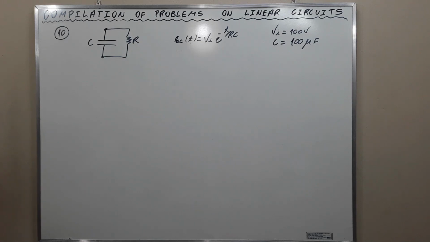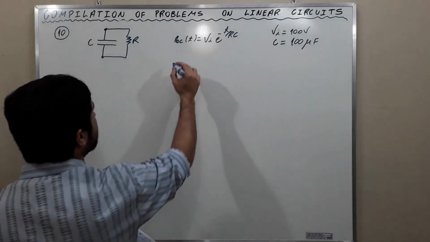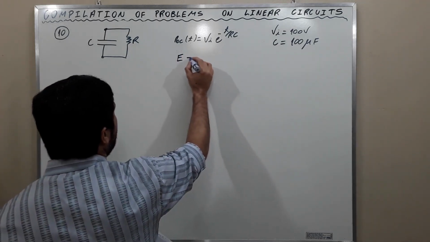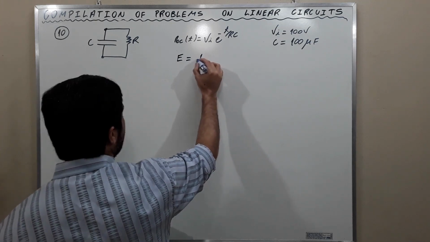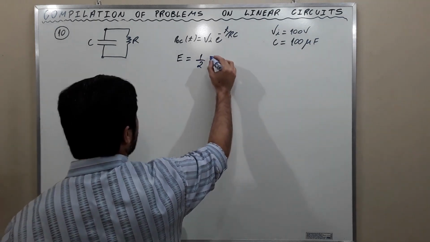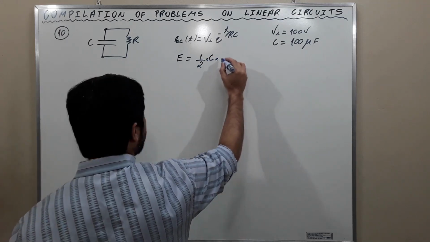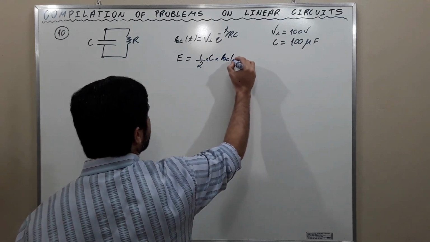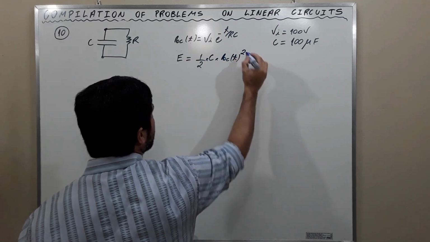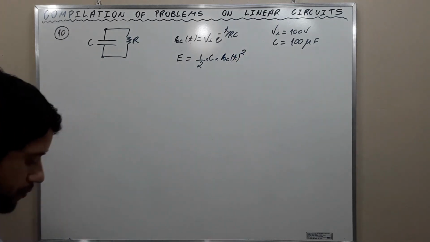Continuing, the energy stored in a capacitor can be calculated using the expression E is equal to a half of C times Vc squared.